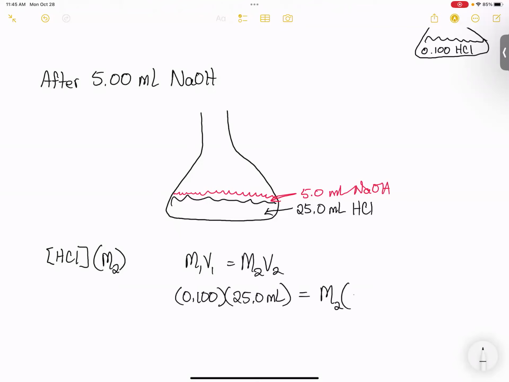Your final volume is 30 milliliters because we added 25 plus 5 together. So our new concentration of our acid is 0.083.